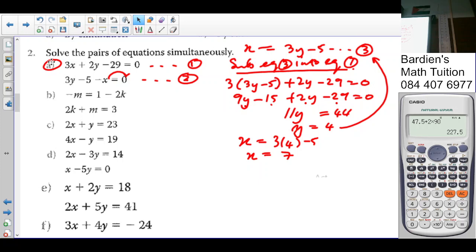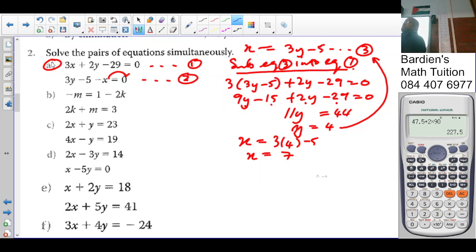Okay. Anybody else? Yes? I also used the substitution method, but then I said x equals negative 3y plus 5. Then I divided them both by negative 1. So you see the mistake you made? No, you don't see your mistake. Okay. So let me just follow your logic. So you did this method. Yes, okay. So you got equation 3 out, like this.